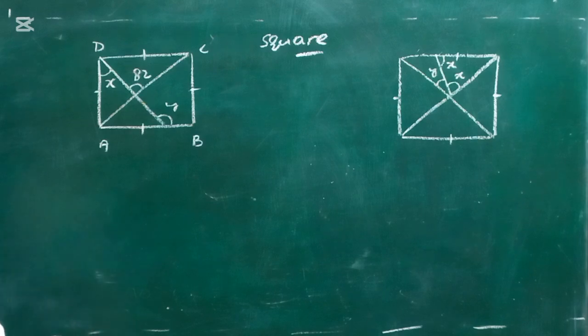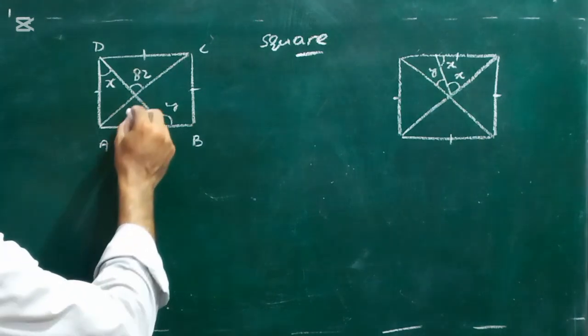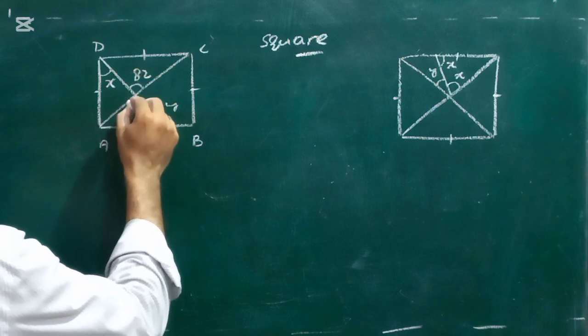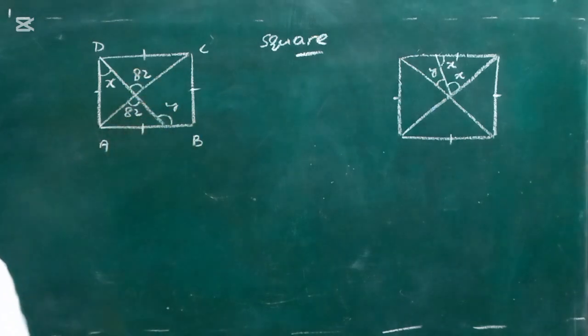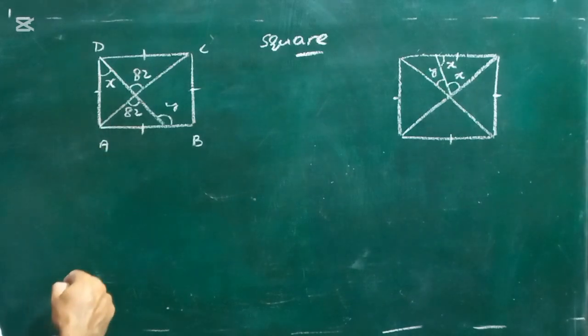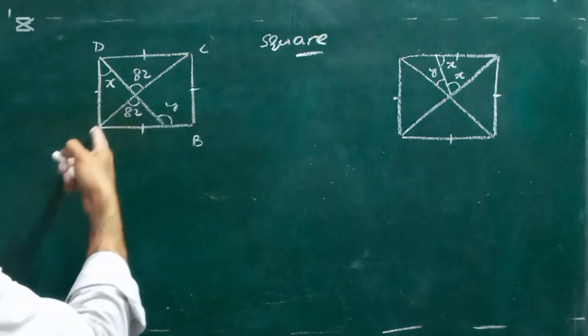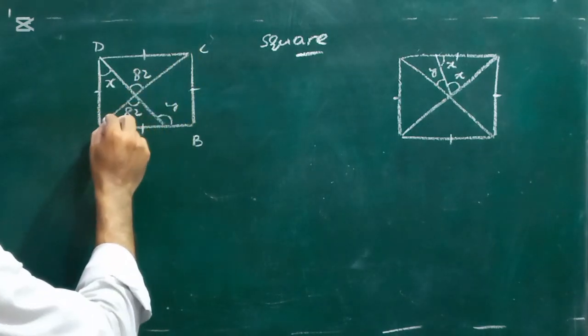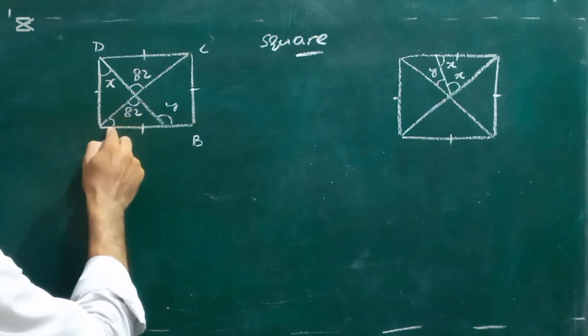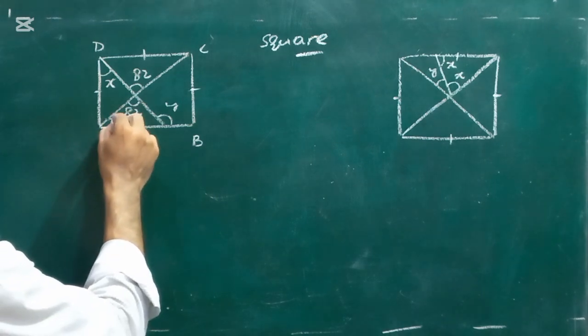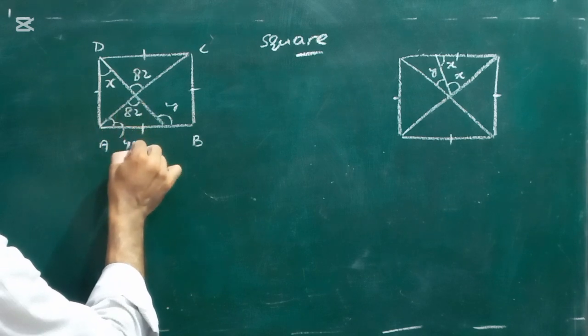So look now, if this is a square, first these will be vertically opposite angles, so this will be 82 as well. Because this is the diagonal, the diagonal will bisect the angle, so this will be 45 degrees.